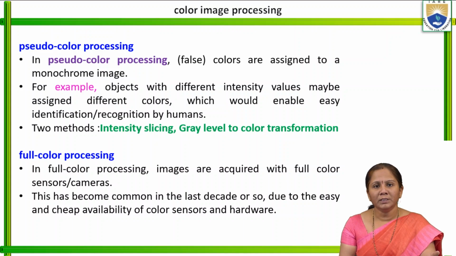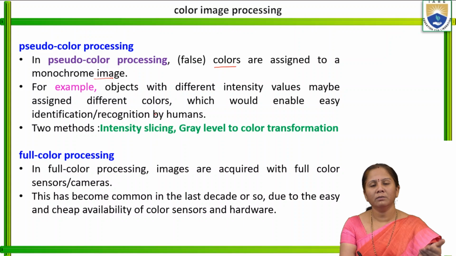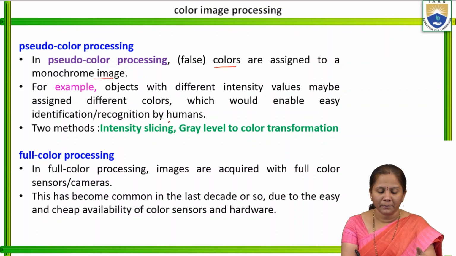Pseudo colors means false colors. Generally there will not be any colors for that image. False colors will be allotted to the image. So in pseudo color processing, false colors are assigned to the monochrome image. It can also be called false color processing.